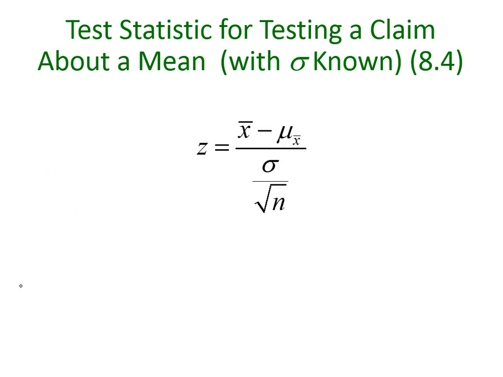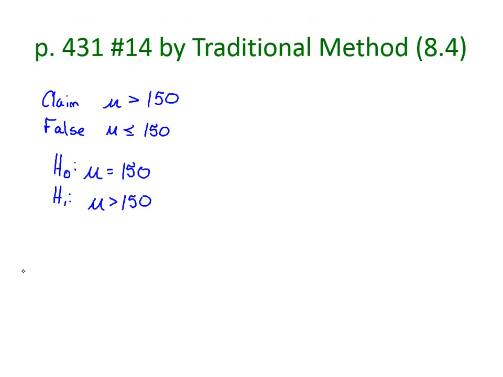You're going to take your sample mean minus mu, which we get from our null hypothesis, what we assume to be true of the population parameter, over the population standard deviation divided by the square root of n. For our example, my sample mean was 182.9. Mu is 150, because that's coming from my null hypothesis and I'm assuming that to be true.